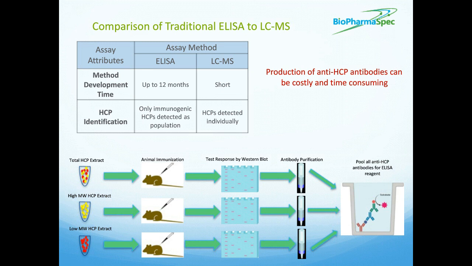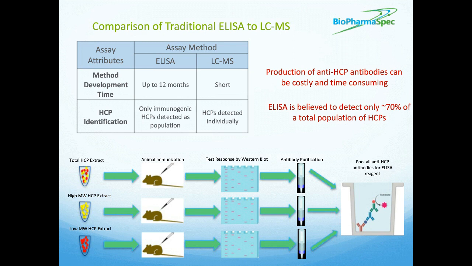Instead, they are measured as a population where it's not possible to distinguish any HCPs of particular interest. And very importantly, as Gillian has mentioned, if an HCP cannot evoke an immunological response to raise antibodies against, then it will not be detected by the antibody-based ELISA. LC-MS instead is capable of detecting individual HCPs regardless of their immunogenicity.